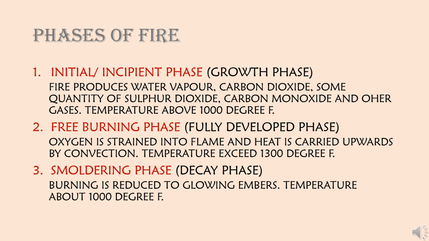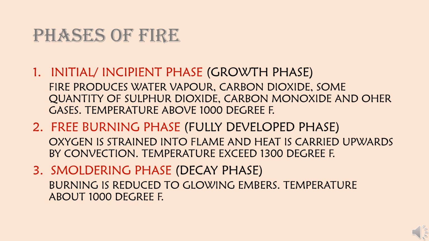The phases of fire. The phases of fire, that is the burning process, occur in mainly three defined stages, which include the initial or incipient phase, the free burning phase, and the smoldering phase. The initial phase is also known as the growth phase.